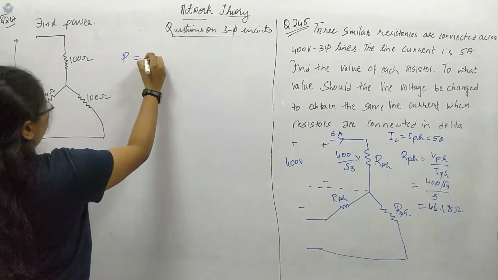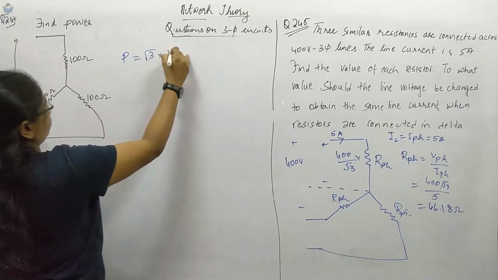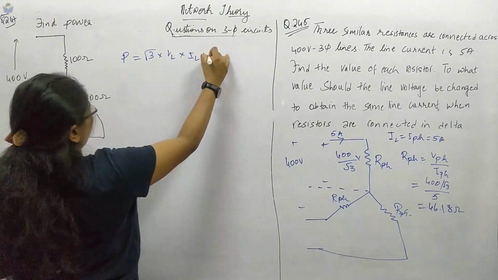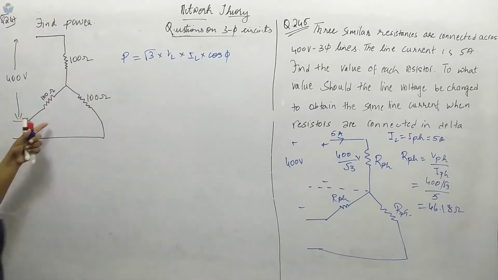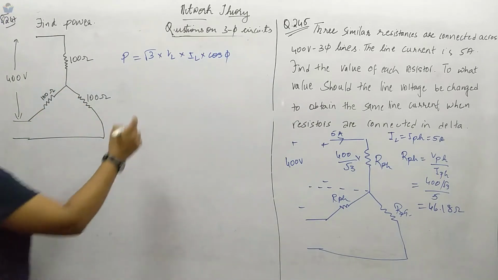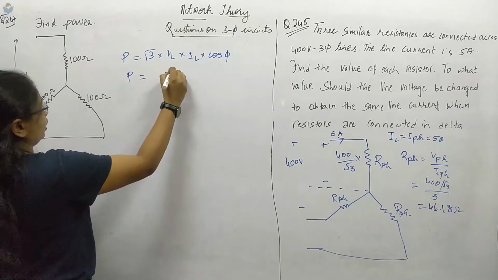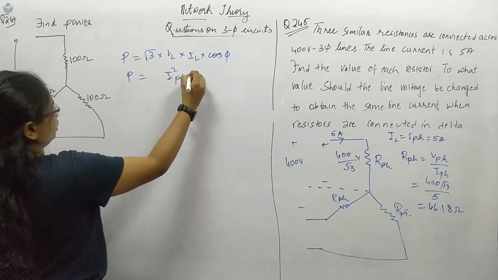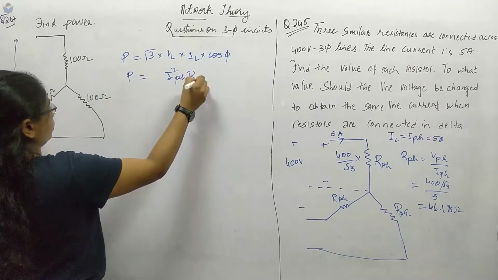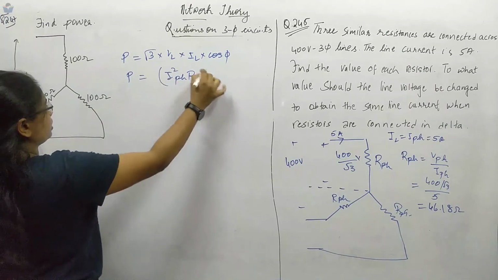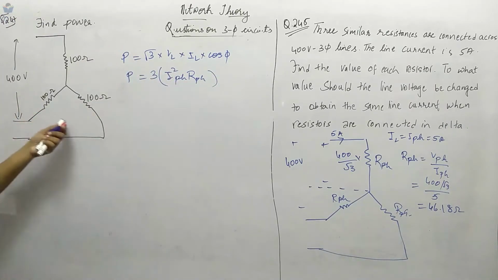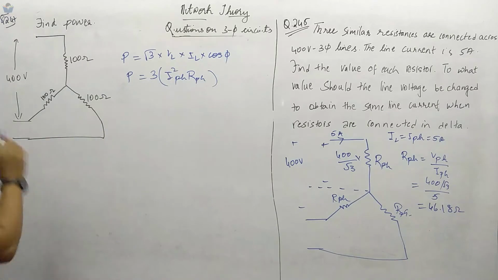P is equal to root 3 times VL IL cos phi. Since all are resistor values, another formula to write this is 3 times I square PH into RPH, multiplied by 3 because there are 3 resistors connected in the star connection. Either way you will get the same value.